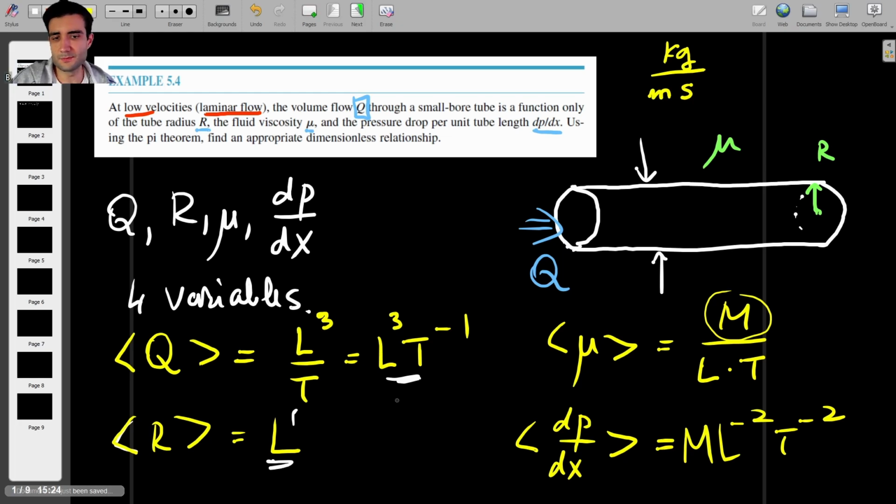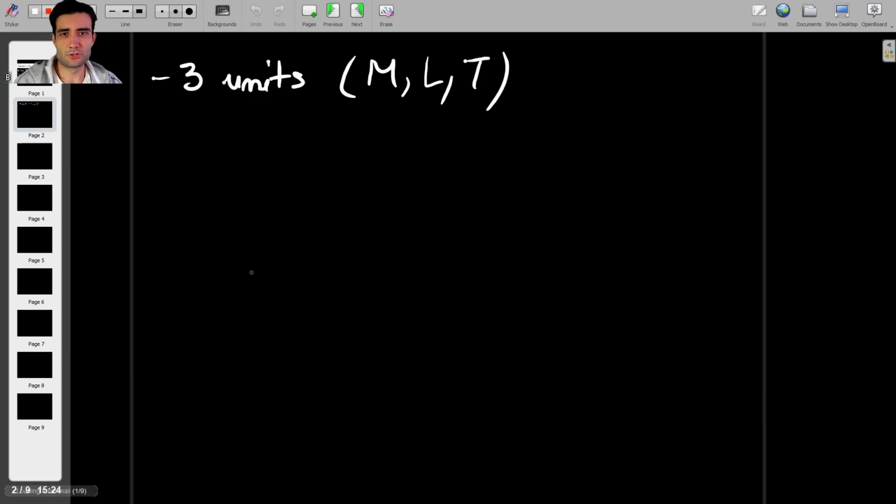Volumetric flow rate is length cubed times time to the minus 1, and so on. Actually, let me write this as m L to the minus 1 t to the minus 1, just to be consistent. Okay, so that means if we have four variables and subtract the number of units, we're going to end up with the number 1.